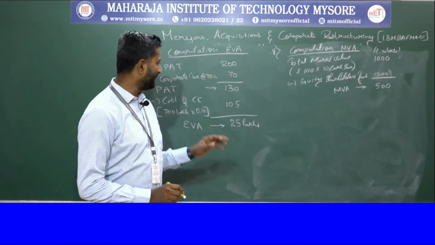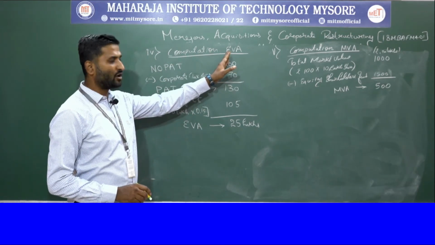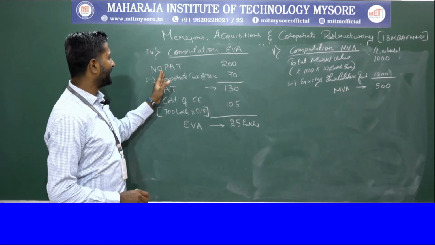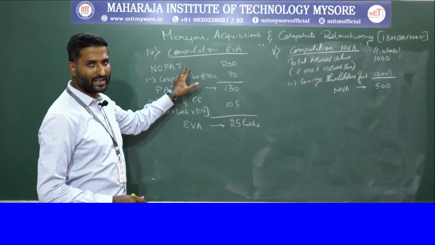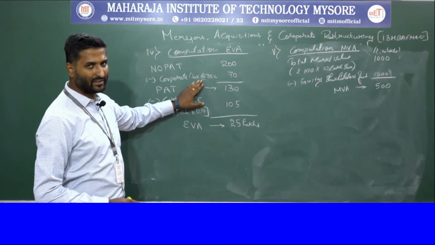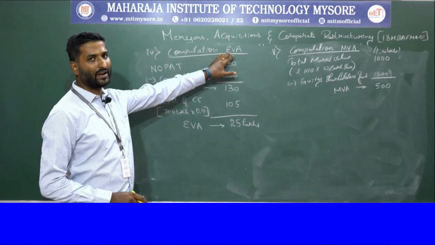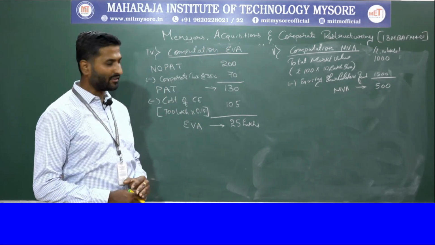Hope you understand this, where we calculated the computation of EVA, economic value added. We take into consideration NOPAT, net operating profit after tax, which is given as 200, and in economic value added, depreciation should not be taken into consideration.